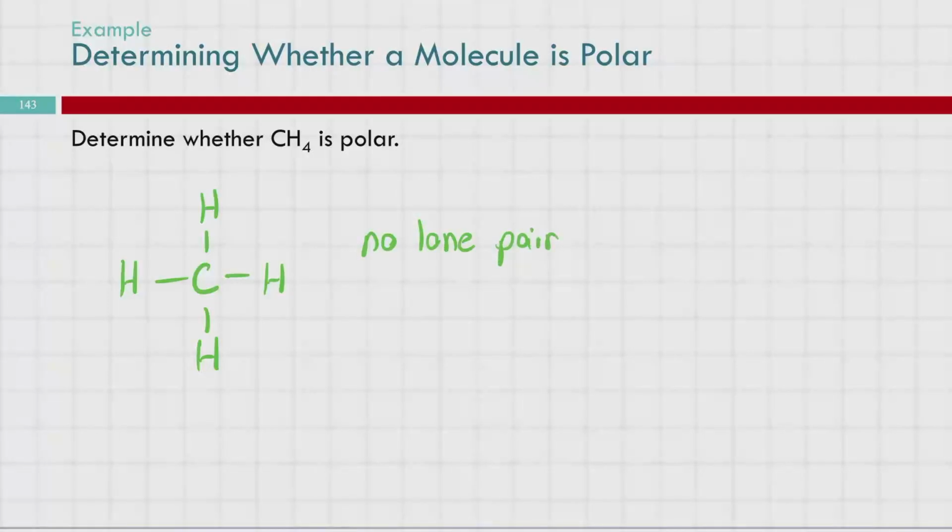Do we have no lone pairs on carbon? Check. Carbon just has 4 bonds. What's our second condition?